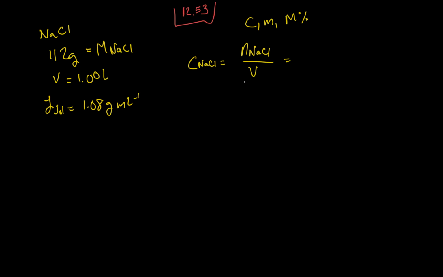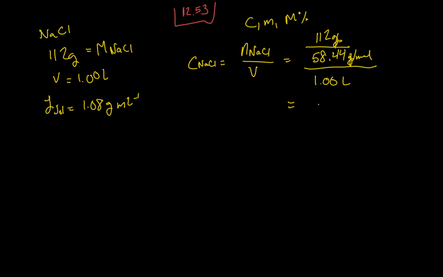We can get our moles by dividing the mass that we have by the formula weight of sodium chloride. So we're going to divide 112 grams by the molar mass, which is 58.44 grams per mole. We'll cancel out the grams, and we're dividing over a total volume of 1 liter even, which is a fantastic simplification.